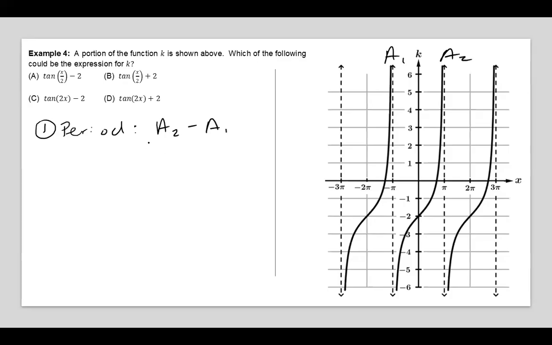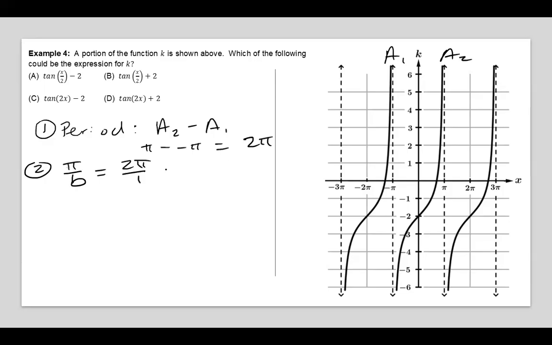So if I went from pi minus negative pi, this equals 2 pi. So we know our period is 2 pi long. Agreed? From our period, therefore we can find our B, right? So we know that we have pi over B has to equal what? 2 pi over 1. Good job.